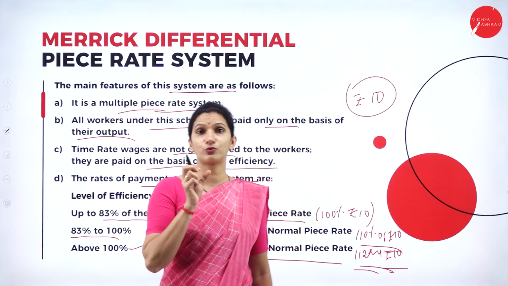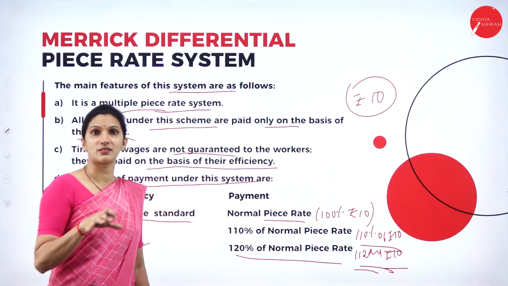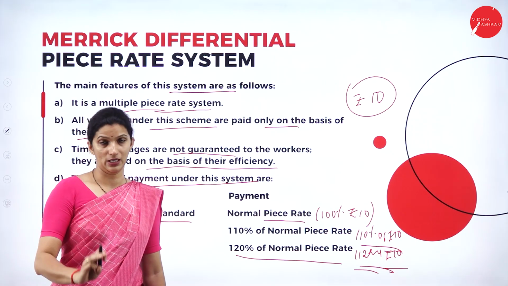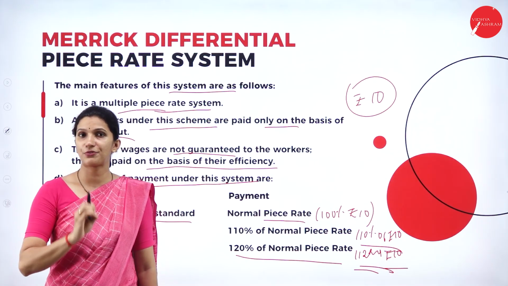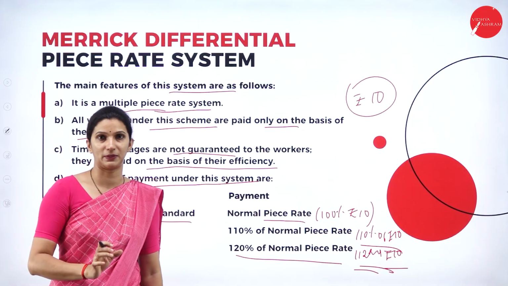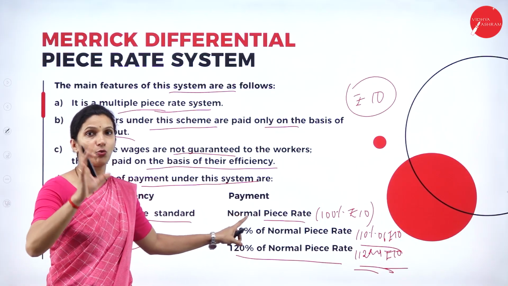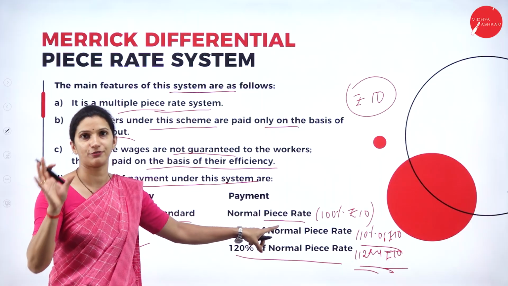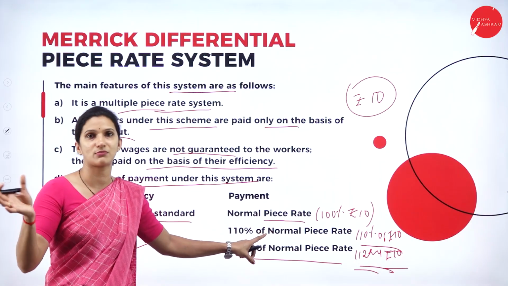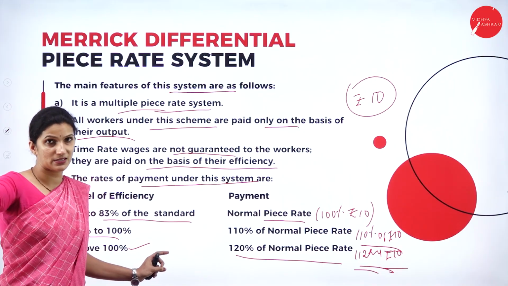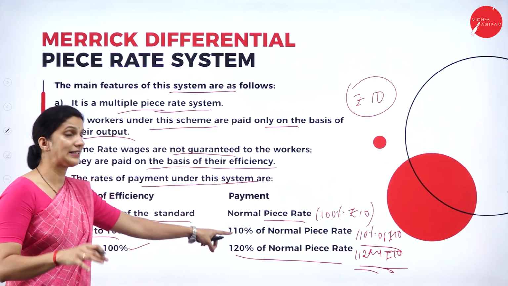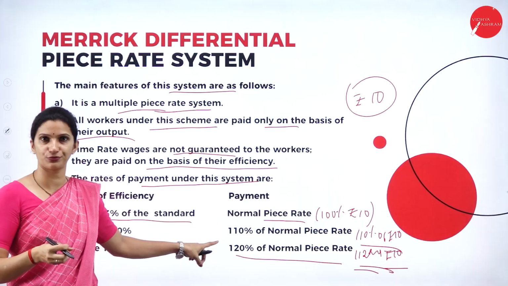So simply, when you follow the Merrick differential piece rate system, you need to remember the 3 kinds of efficiency level. If any worker's efficiency level is below 83%, then he will get 100% of the piece rate. If 10 rupees piece rate is fixed, only that much he will get. If his efficiency level is above 83% and below 100%, then he will get 110% of the piece rate.